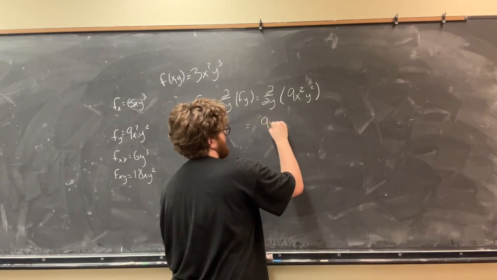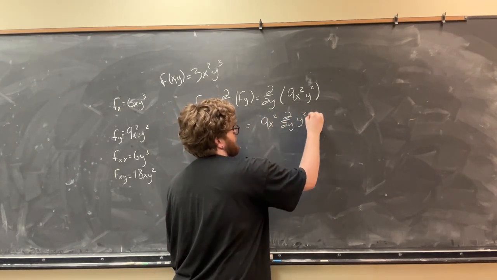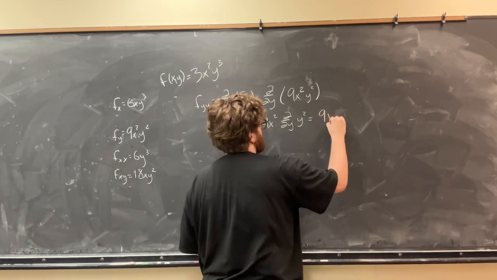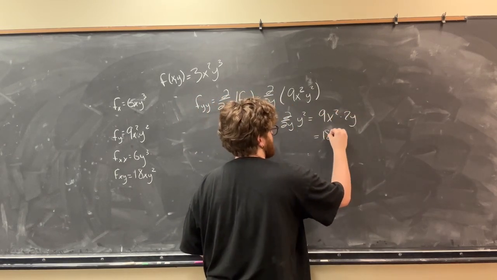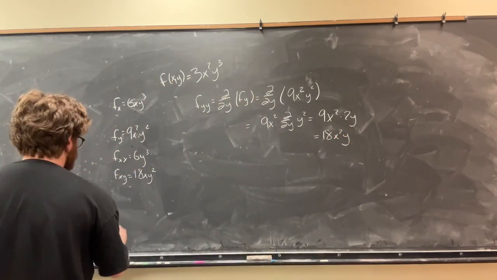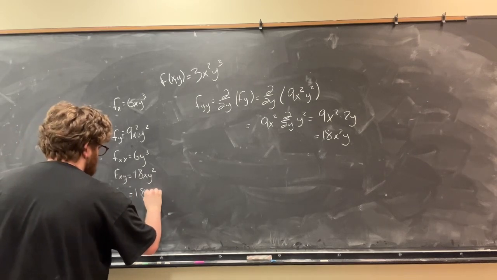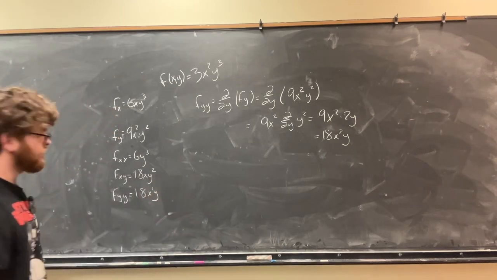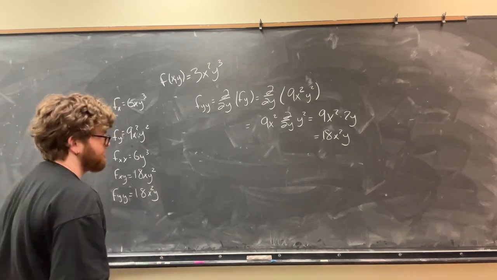That's 9x squared times the partial with respect to y of y squared, which is 9x squared times 2y, which is 18x squared y. And I'll write that right here. Fyy is 18x squared y. Looks really close to our fxy, but it's not quite the same.